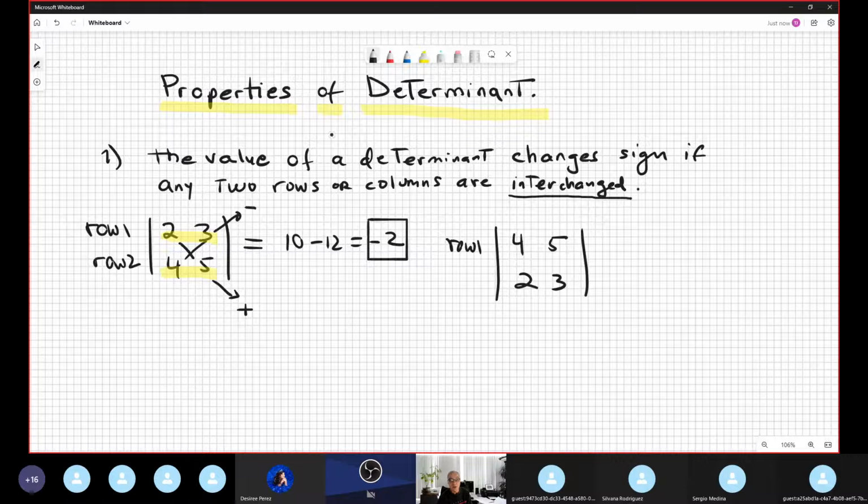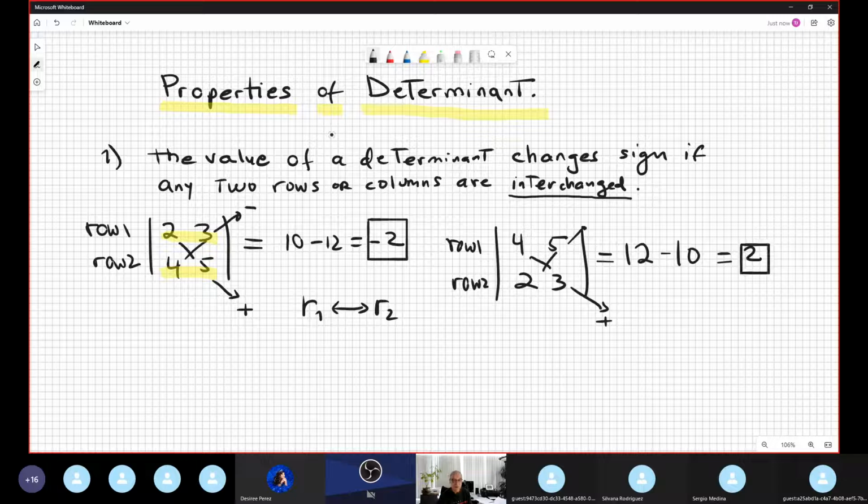Now this is my new row 1, and this is my new row 2. The only thing I did was swap. Let's compute the determinant. The determinant is 12 minus 10, 2. Wow. You see how it changed the sign? This answer was negative.